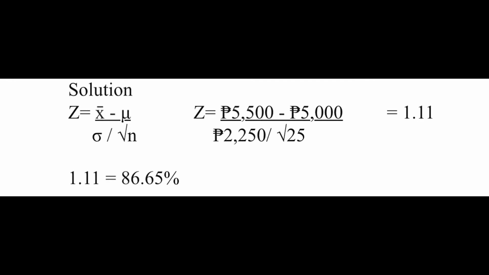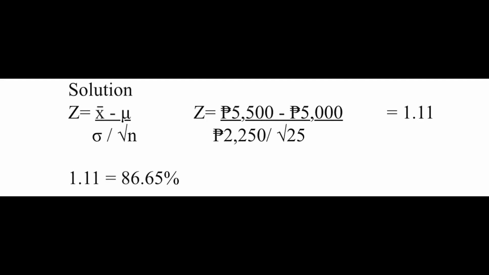In this test, we will find out what percentage is the probability that the sample mean is less than 5,500 pesos, and in order to guide us, we will write this: X bar is less than 5,500. But wait, there is a value already, right? Do you want to know how? Let's proceed to our solution.